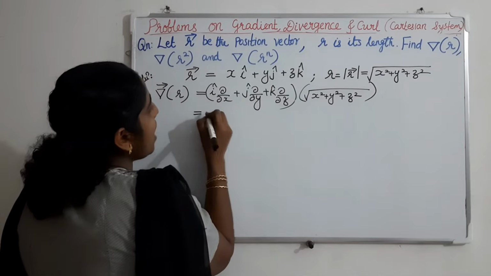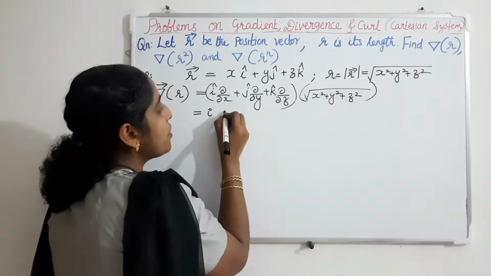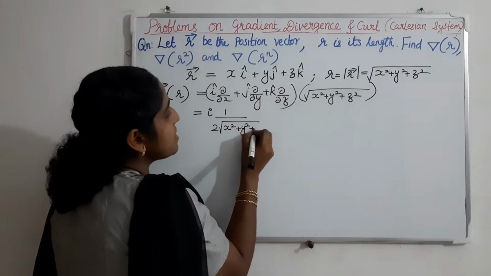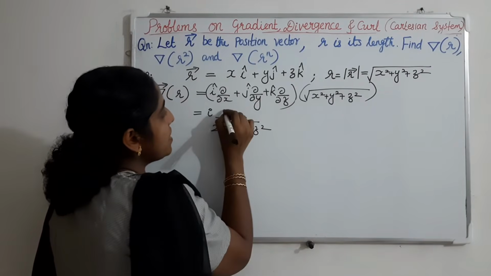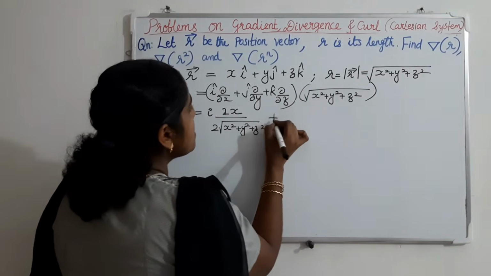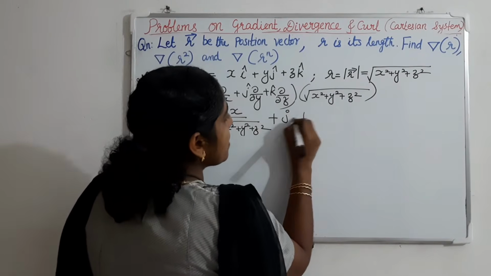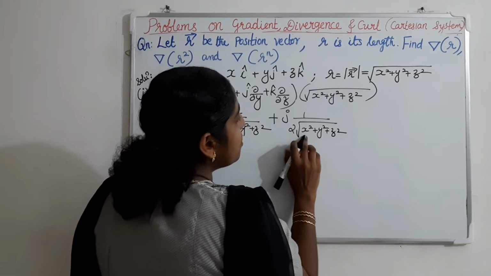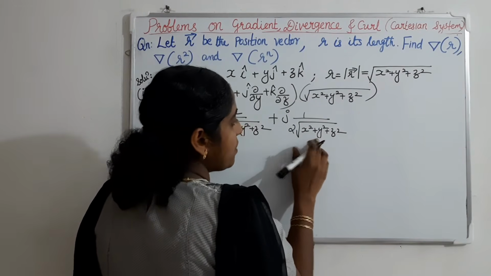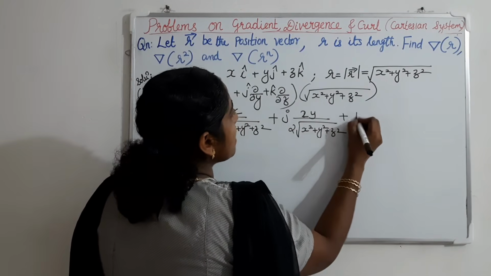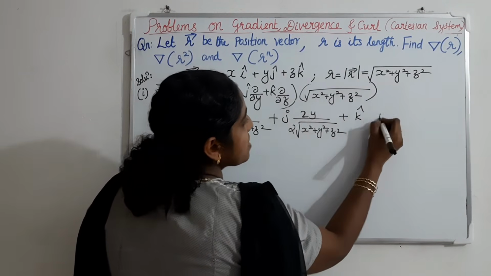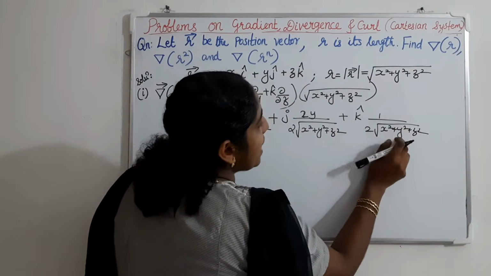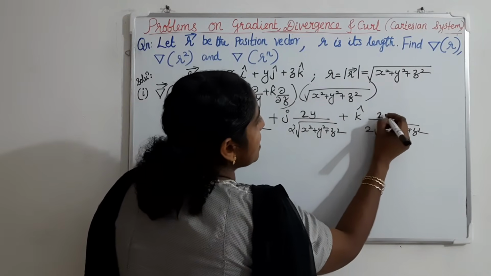So that is equal to i into dou by dou x of root of this function, which is 1 by 2 root of x square plus y square plus z square into the derivative of this function, that is 2x, plus j into dou by dou y, which is 1 by 2 root of x square plus y square plus z square into the partial derivative with respect to y, that is 2y, plus k into dou by dou z, which is 1 by 2 root of x square plus y square plus z square into the partial derivative with respect to z, that is 2z.